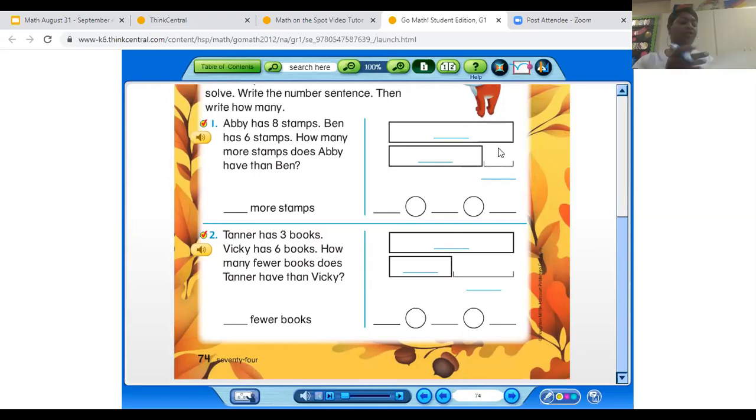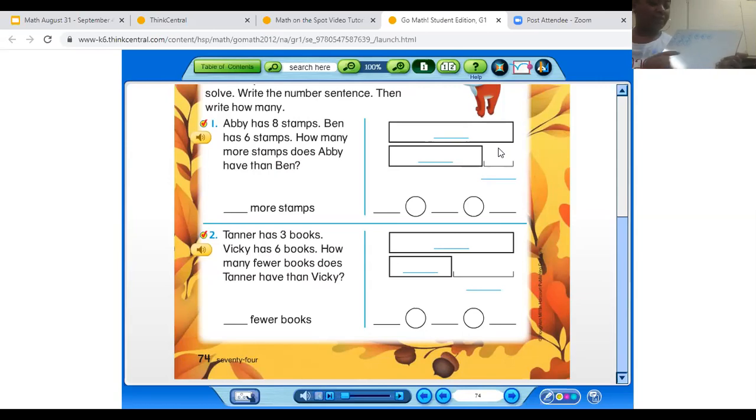All right, so we're going to draw her 6 books. And I'm going to put a V in here to let me know these belong to Vicky. These are her 6 books. And Tanner has 3. So I'm going to draw his 3 books.